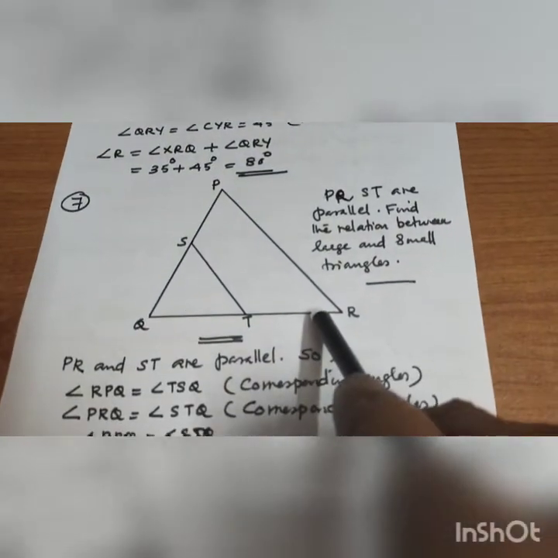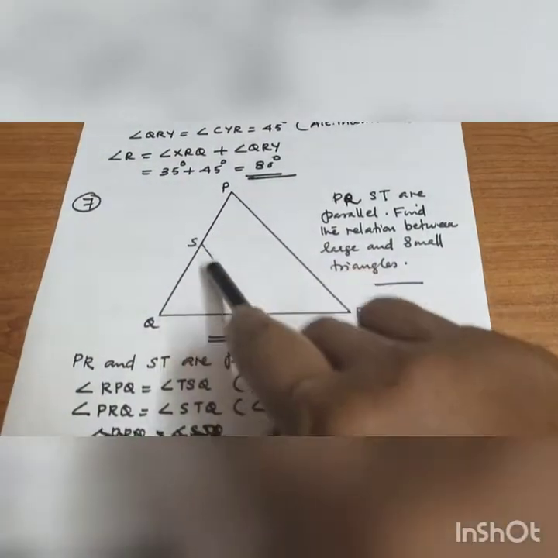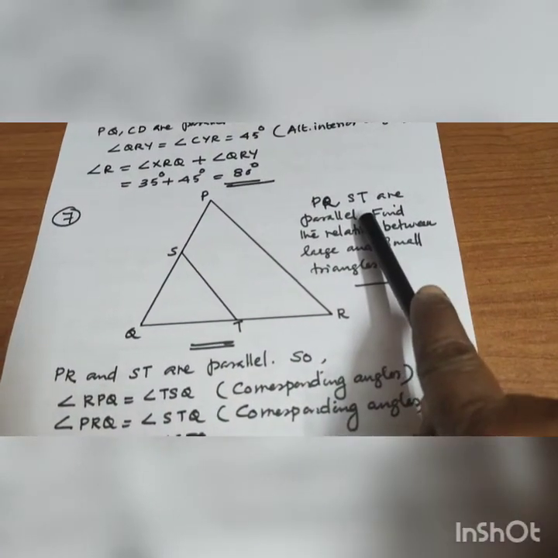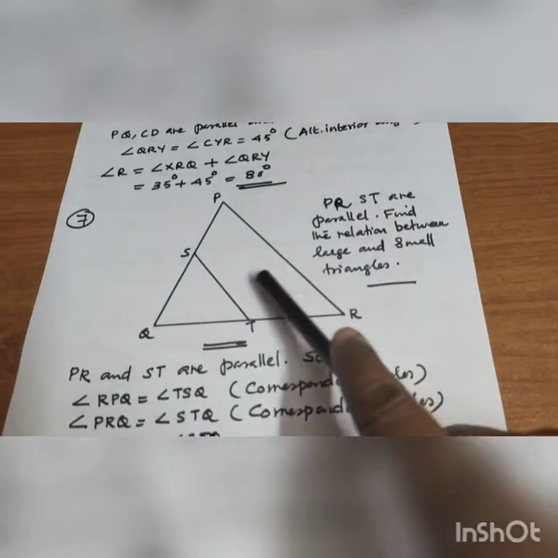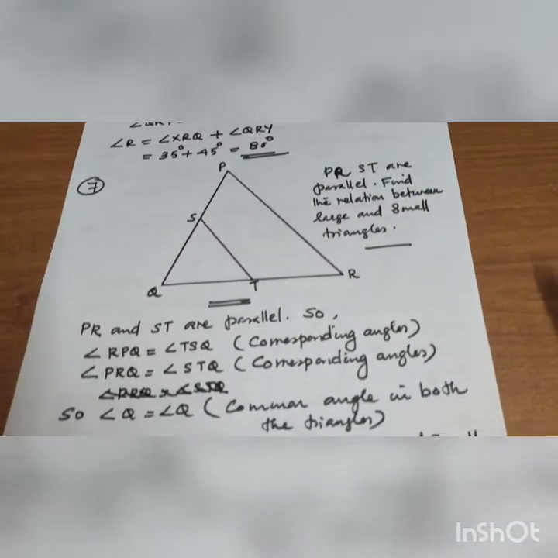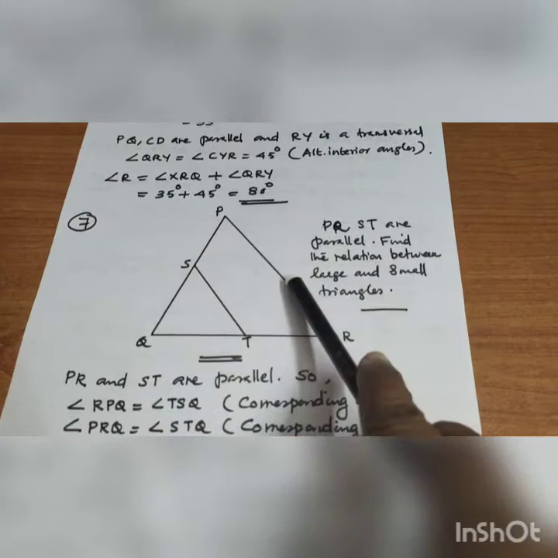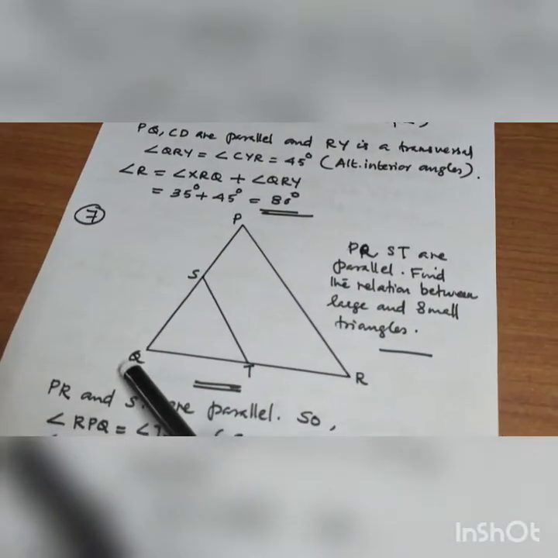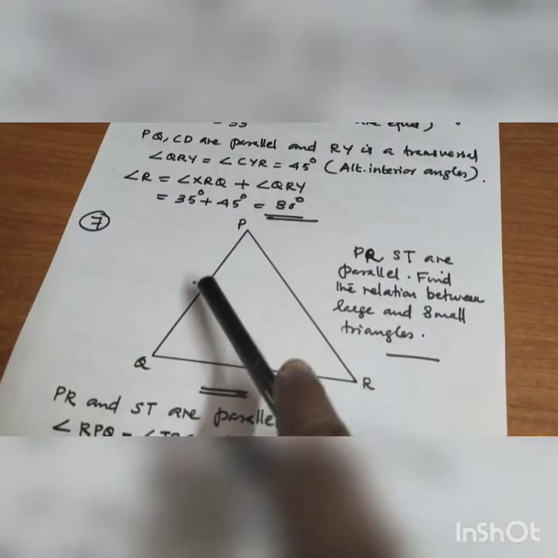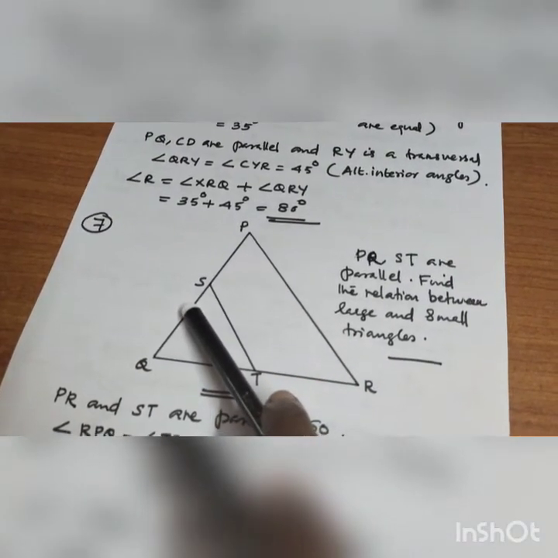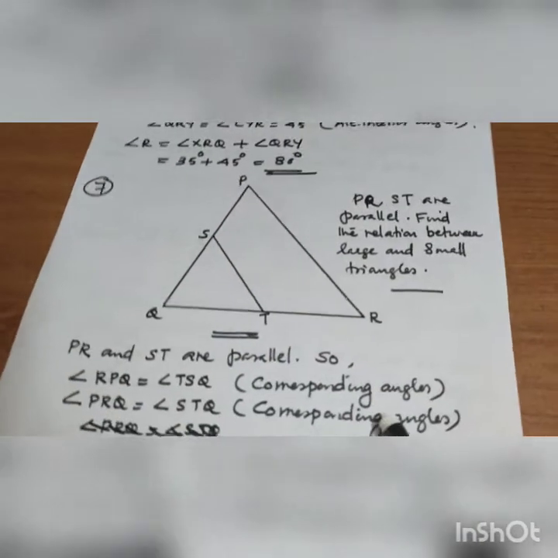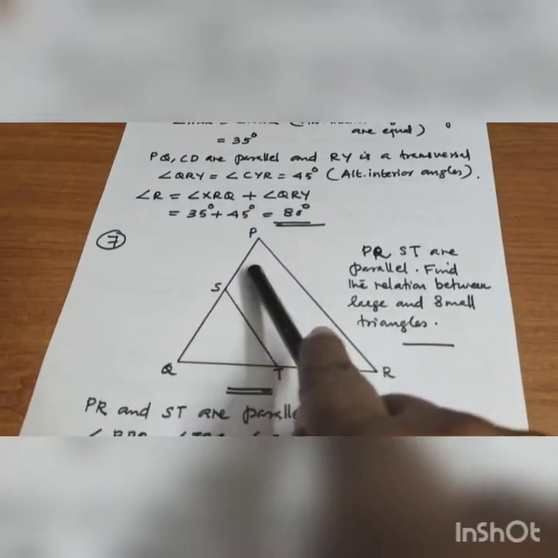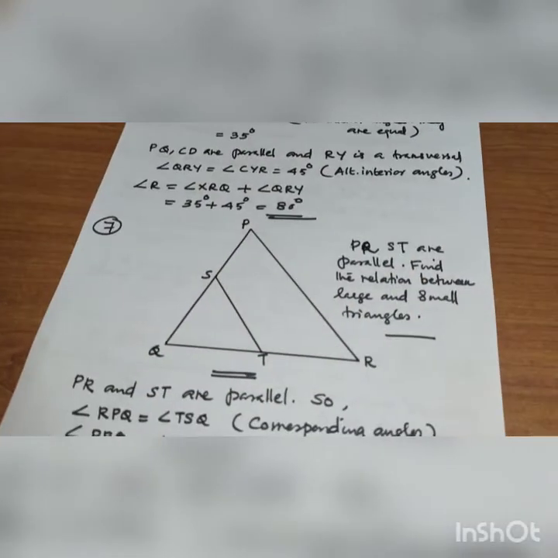Then the seventh question. Here a triangle is divided into 2 portions by drawing a parallel line. PR and ST are parallel. Find the relation between the large and small triangles. Here, first, when PR and ST are parallel lines, then PQ is the transversal, and angle RPQ and angle TSQ are corresponding angles.